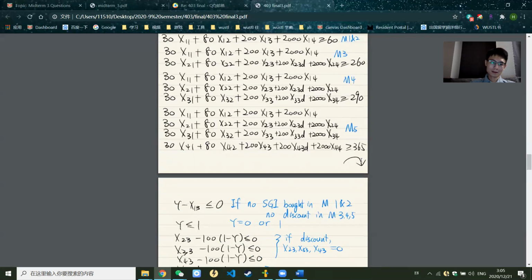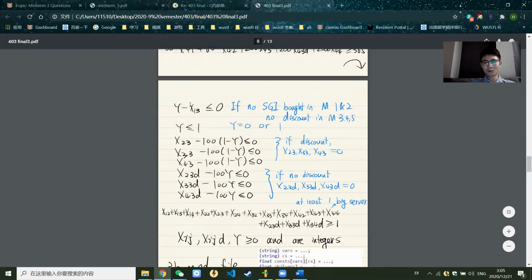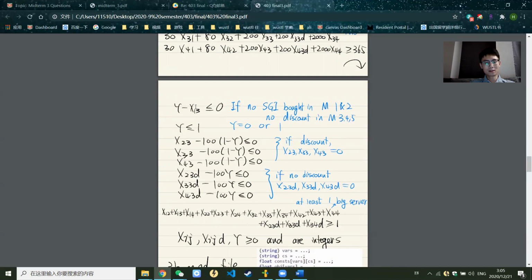Sorry for the lag. So here are the constraints for the Y value. If X13 equals 0, then Y equals 0, which means there are no SGI servers bought in months 1 and 2, so there will be no discount.